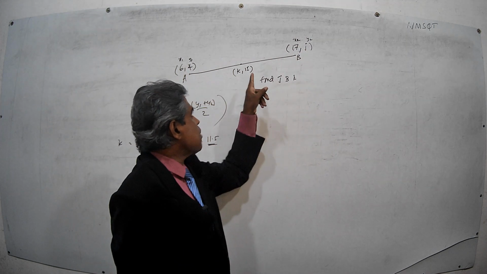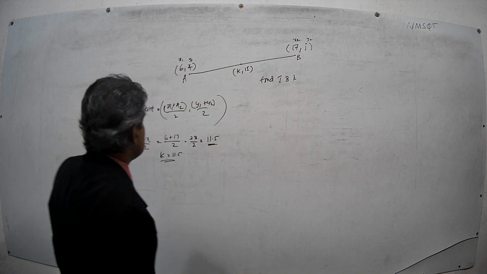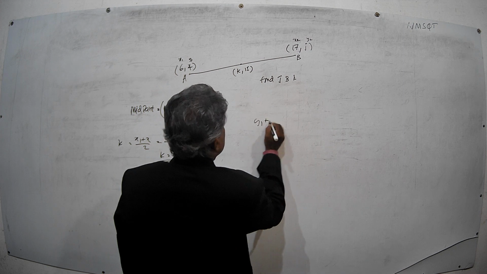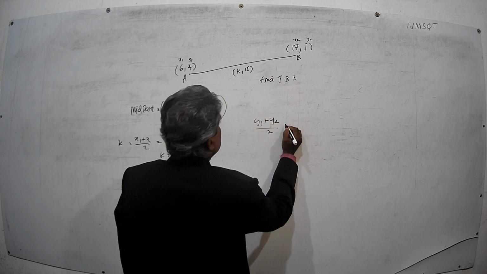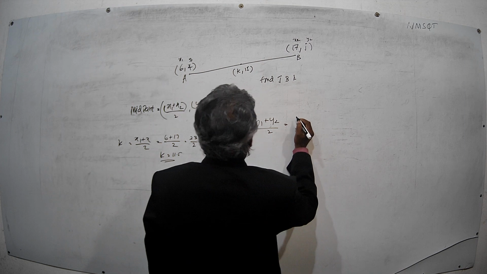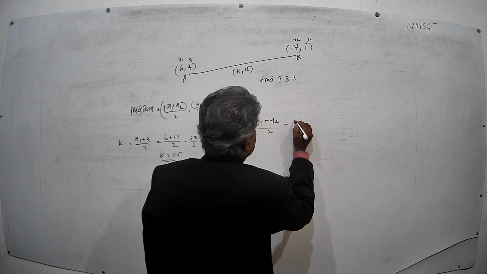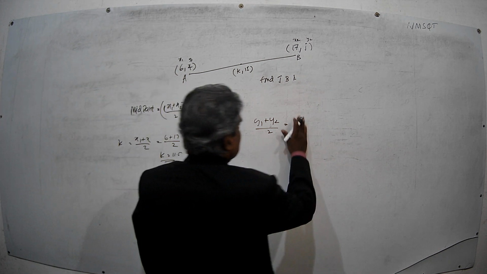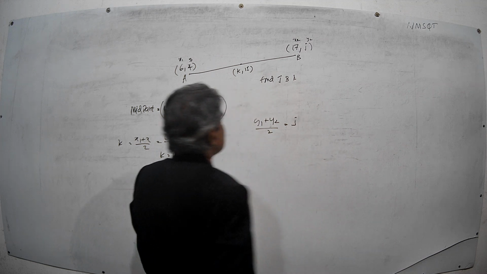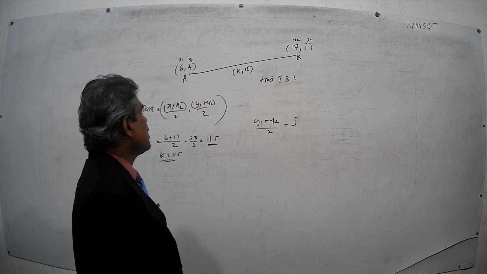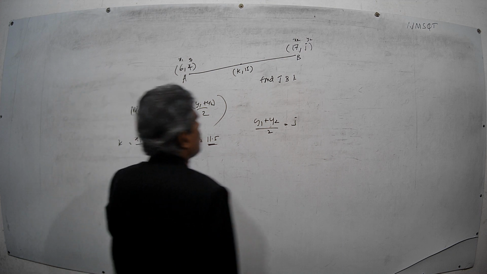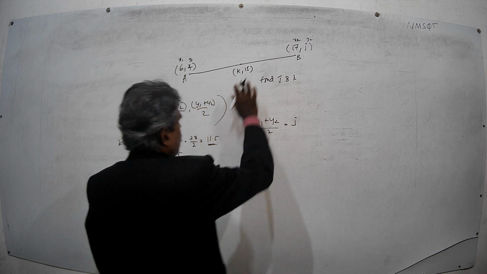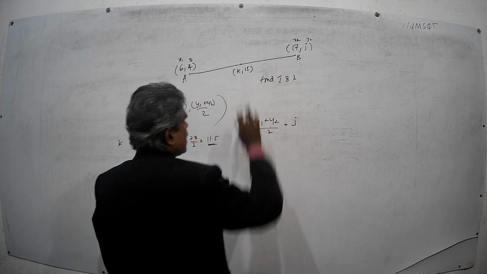We write Y1 plus Y2 over 2 equals the Y coordinate of the midpoint. The X coordinate we have already found, so we don't need it.